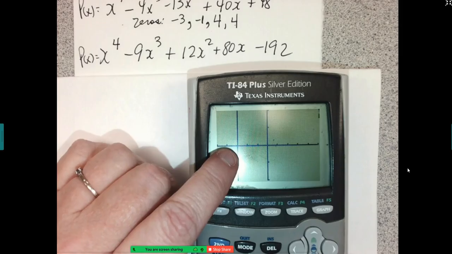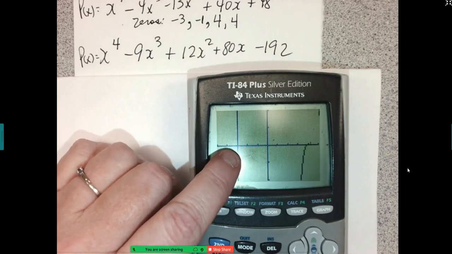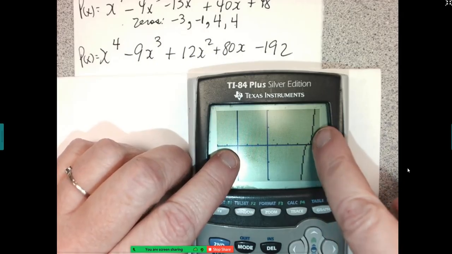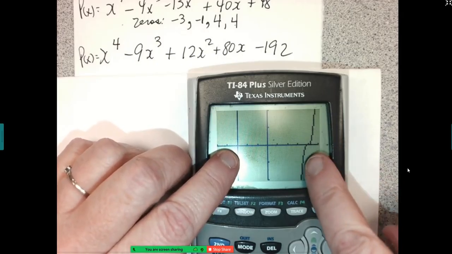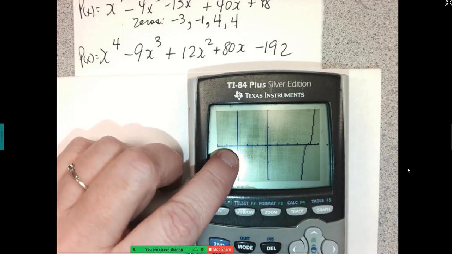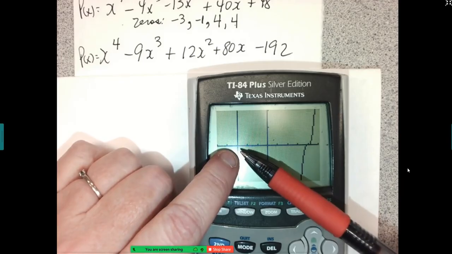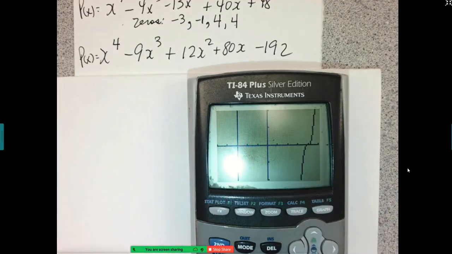All right, it definitely has odd multiplicity. And this one, it looks to have that flattening effect. It's crossing through. So I would say that my zeros are going to be -4 is a zero of multiplicity 1.